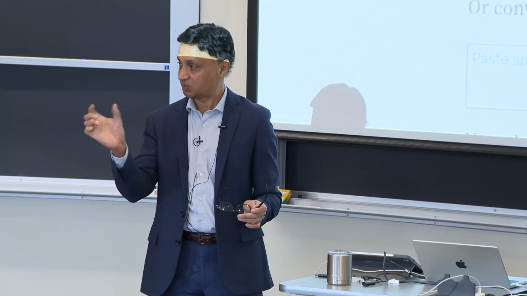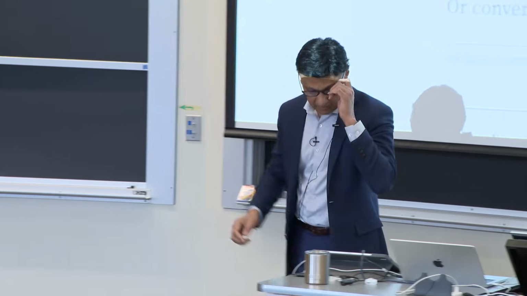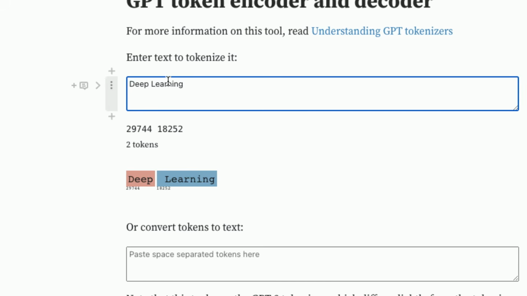That's why they have attached the space to the word itself. And note that Deep and deep are different, so clearly it's taking case into account. Then I put an exclamation mark, boom, that.